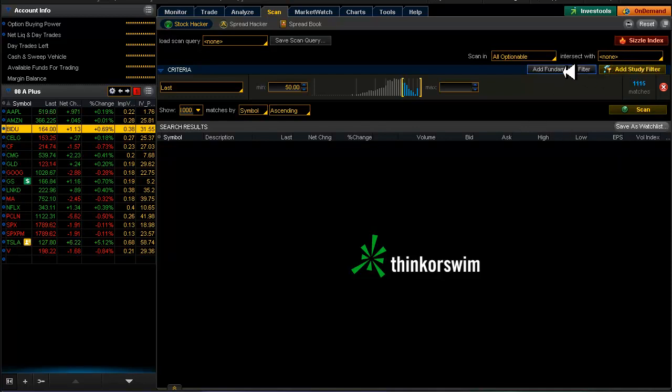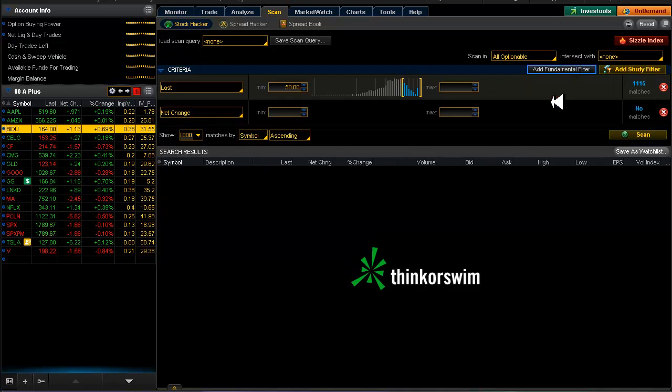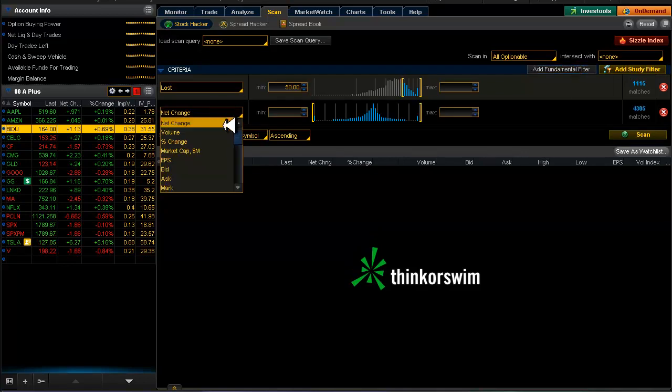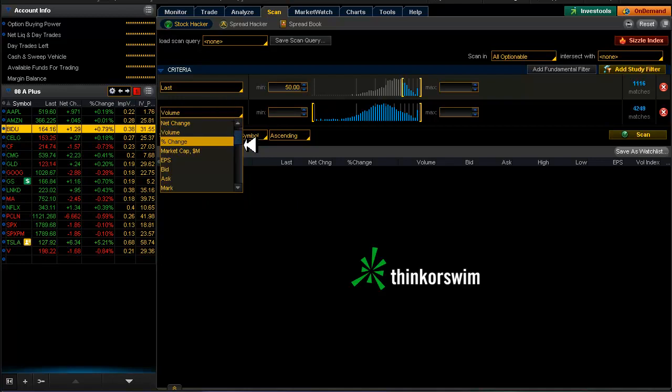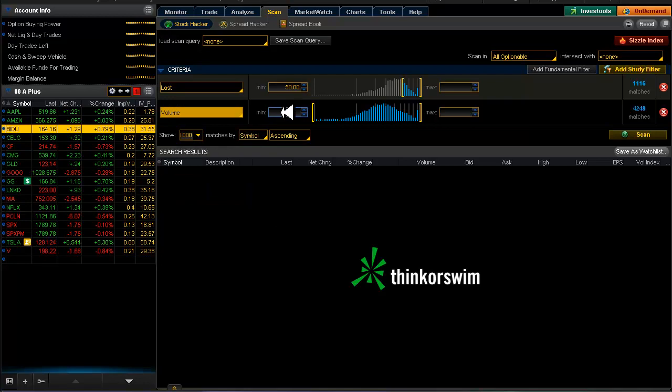Then I want to add another fundamental filter, and I want to say that I want volume. That should be an average volume, not today's current volume.